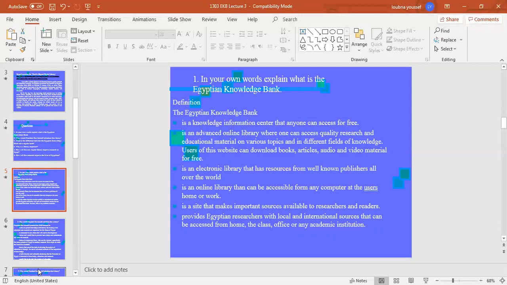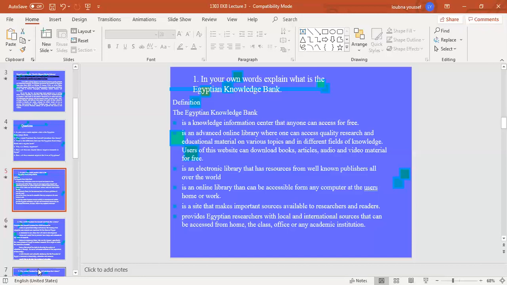Now, anyone here does not mean anyone in the world, it means anyone in Egypt. The second answer, the Egyptian Knowledge Bank is an advanced online library where one can access quality research and educational material on various topics and in different fields of knowledge. All right? Now, this answer provides more details.